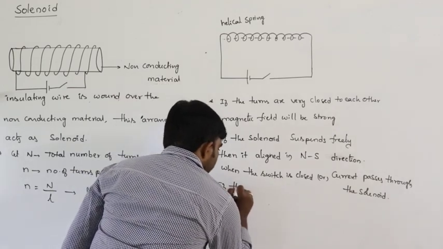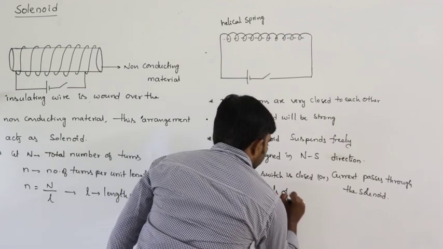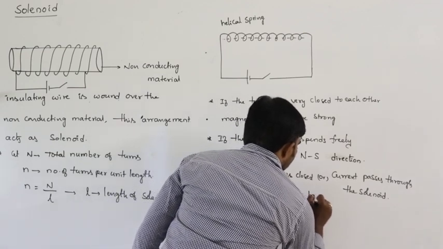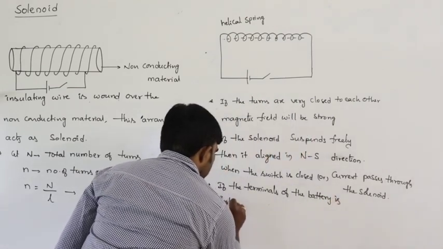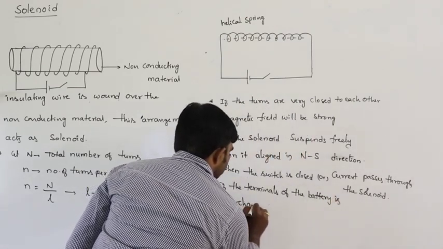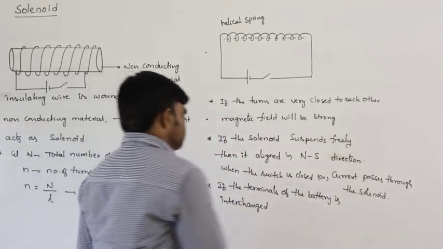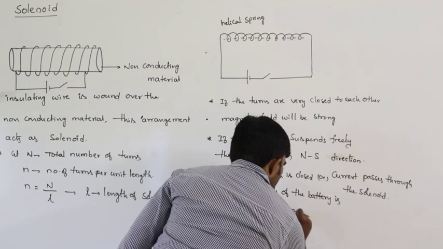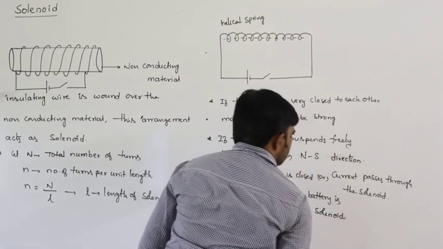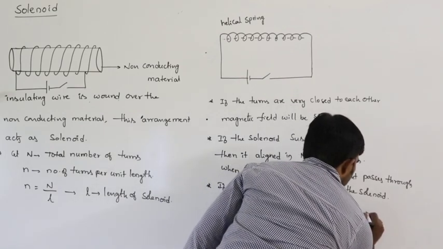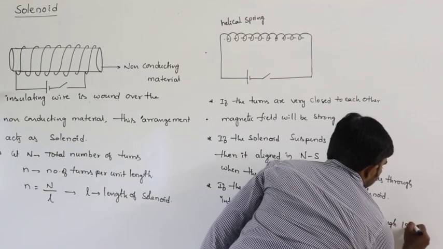If the terminals of the battery are interchanged, then the solenoid rotates through an angle of 180 degrees.